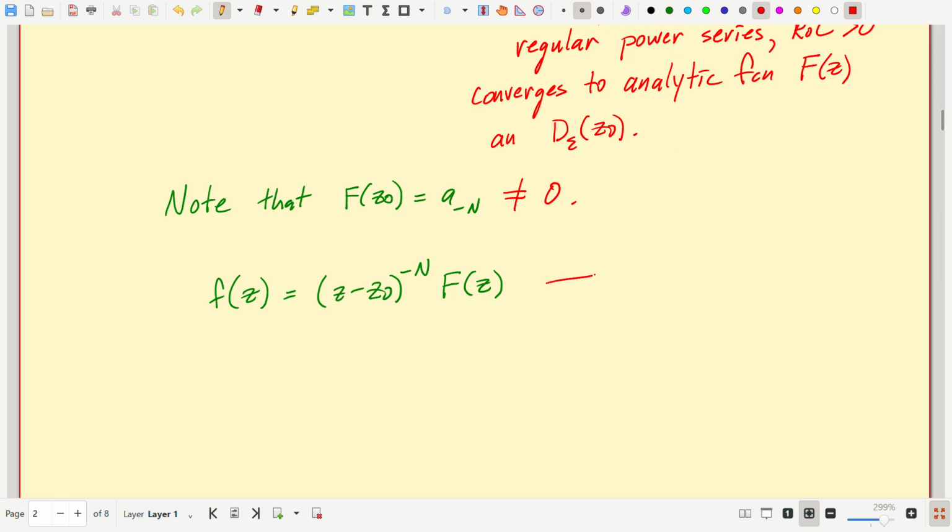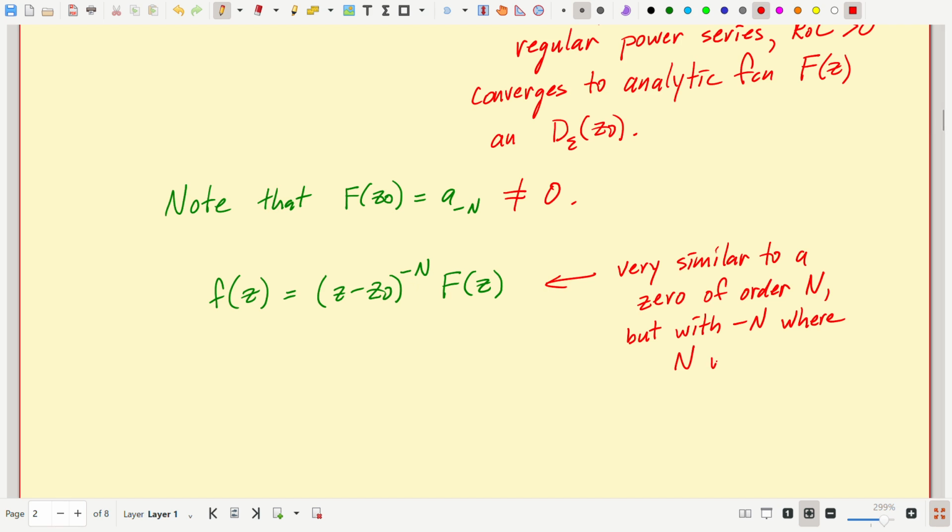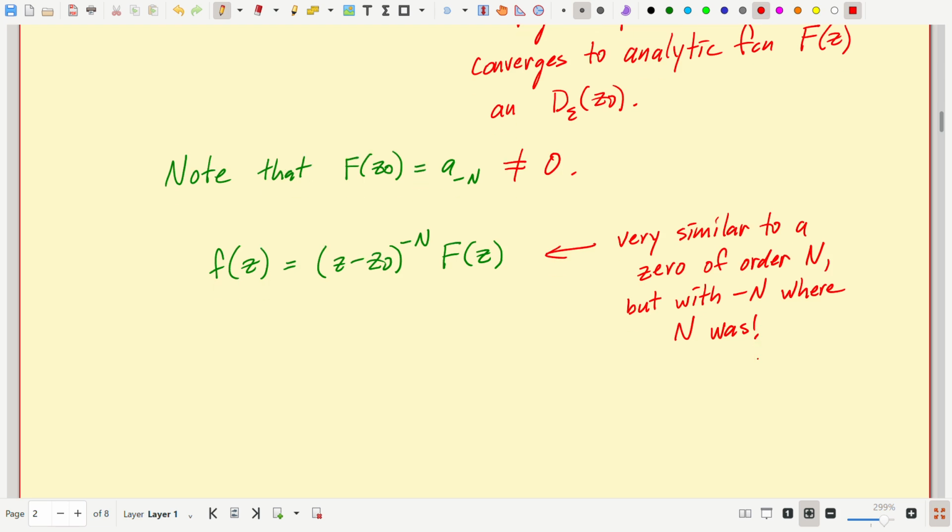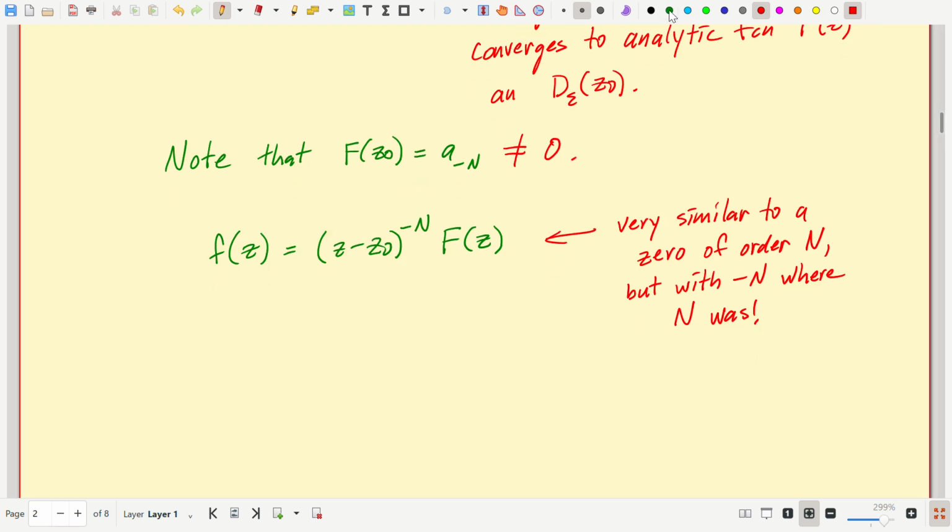So interesting to note, it's very similar to a zero of order n, except there's a minus n where the plus n should be. So in a lot of ways, the work of dealing with a pole is very similar to thinking about zeros.